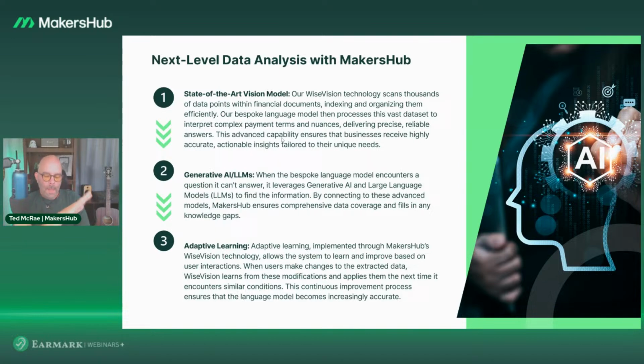The first thing that we do is we scan the invoices that come in, regardless of how they come in, copy and paste, or from a dedicated email, or drag and drop, or whatever, right? So our Wise Vision technology, that is our proprietary technology, scans thousands of data points on each bill. It doesn't just look for specific things. It scans the entirety of the bill.